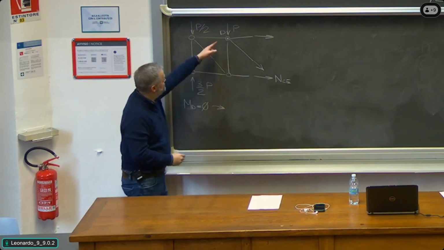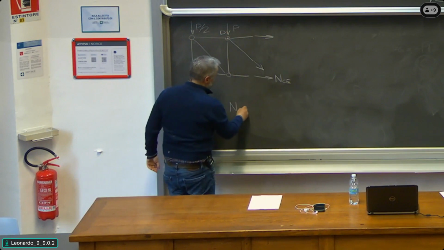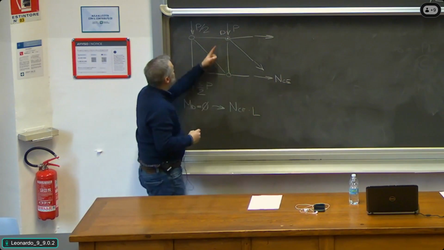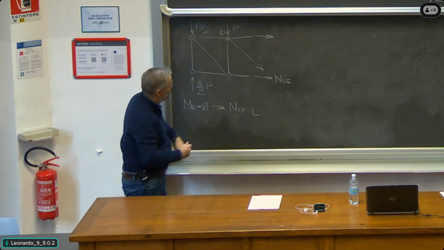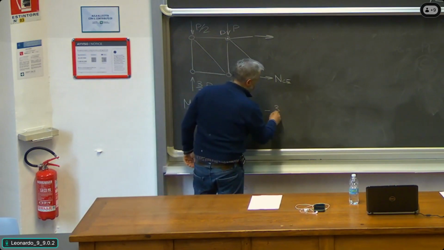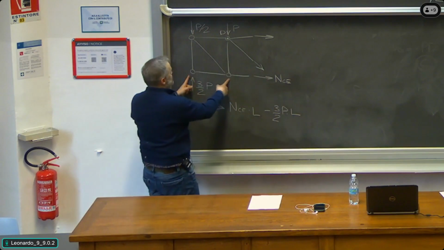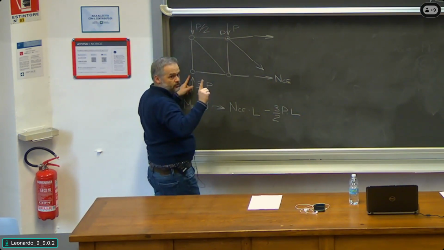What do we have? NC, which rotates counterclockwise, times the lever arm, which is L. Then we have 3 divided by 2 P, which rotates clockwise, times L, which is its lever arm with respect to this point here. Do not take it the wrong way.